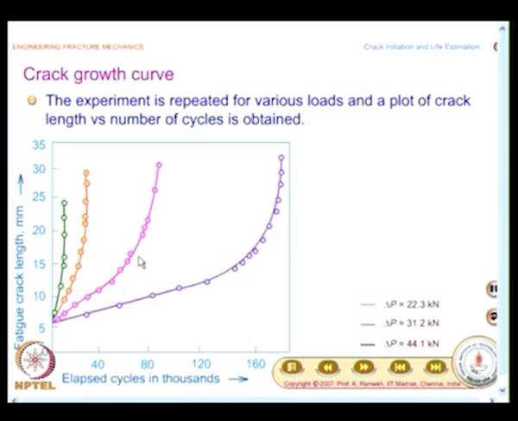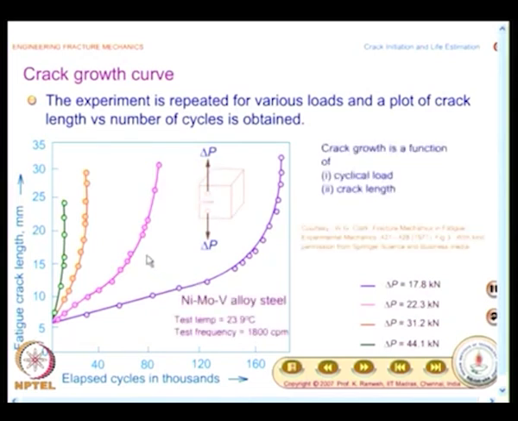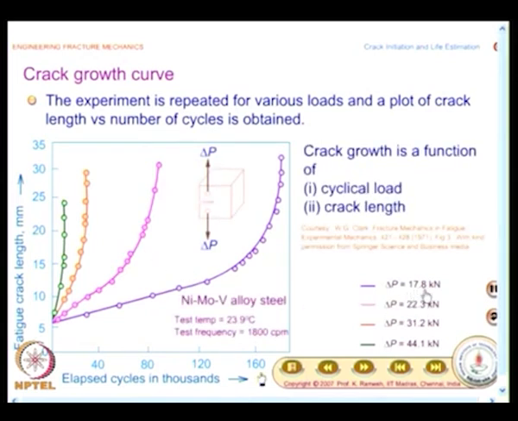You have graphs for smaller loads, 22.3 kilonewtons as well as 17.8 kilonewtons. So, what you have to keep in mind is that for different values of delta P you get a different crack growth curve for one single material.